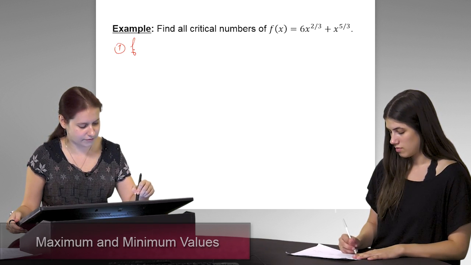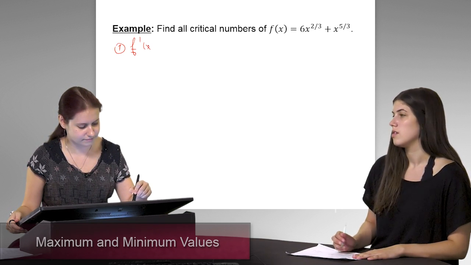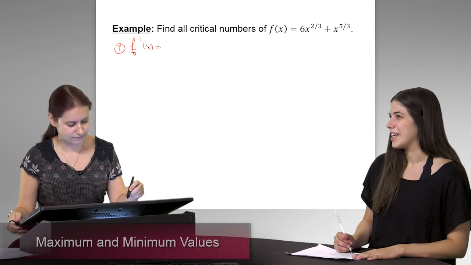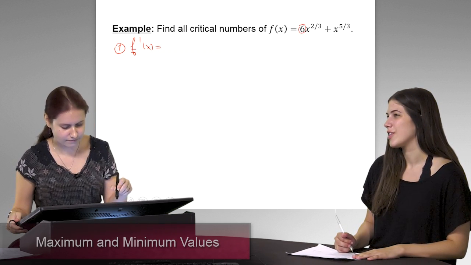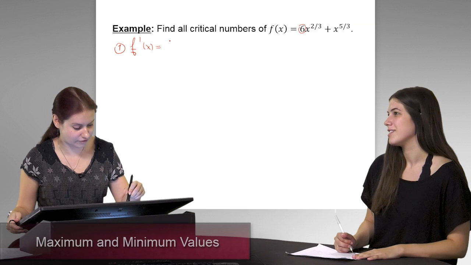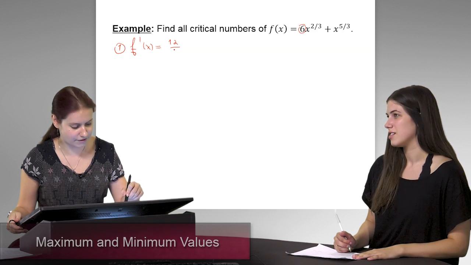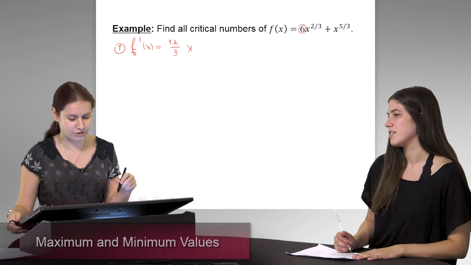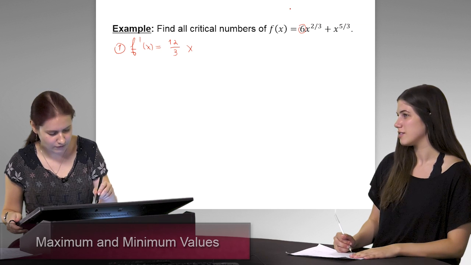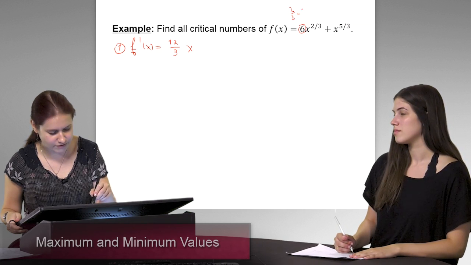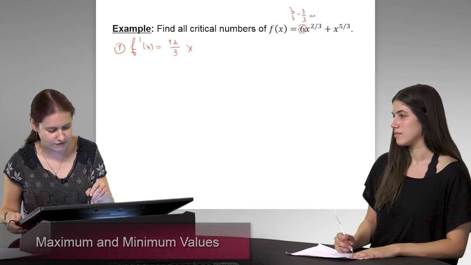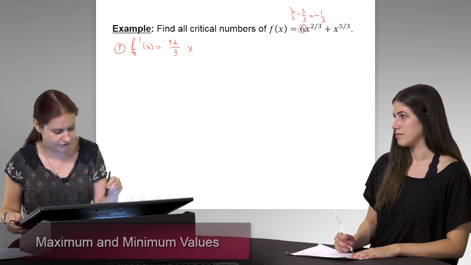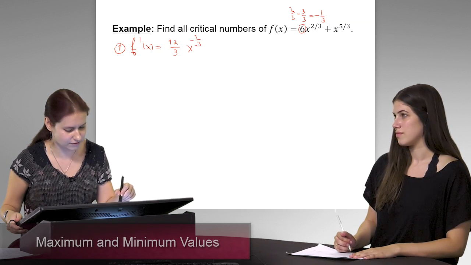What is the derivative of this function? So we're going to have 12 over 3. Oh, yes, good. 6 times 2/3, right? Yes. 12 over 3 times x to the negative 1/3. So 2/3 minus 3/3, and you say it's negative 1/3. Exactly. Good. Negative 1/3.